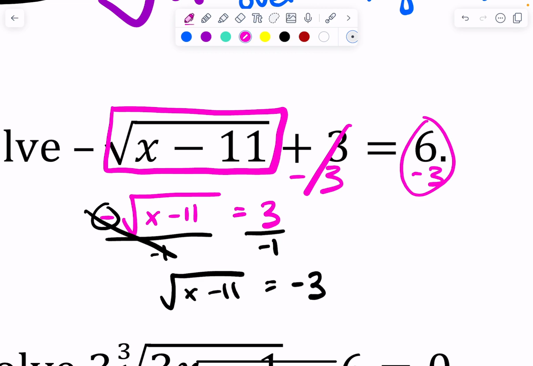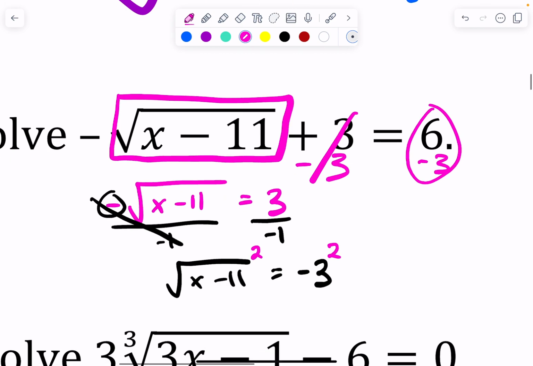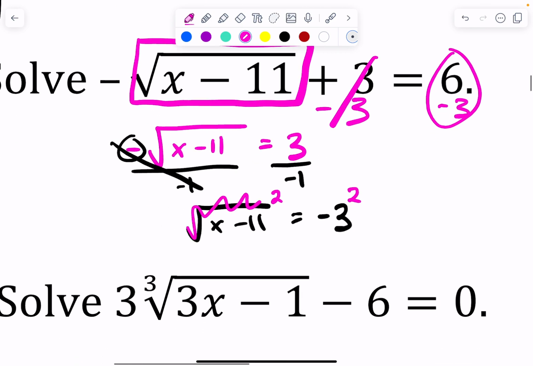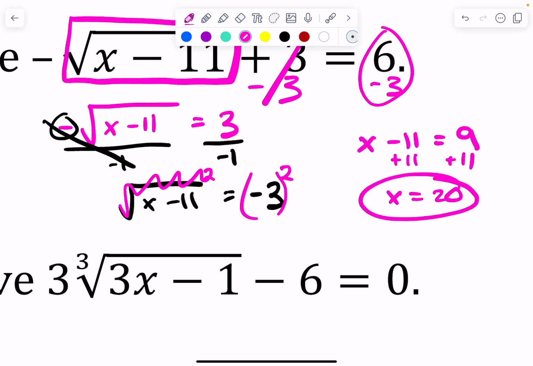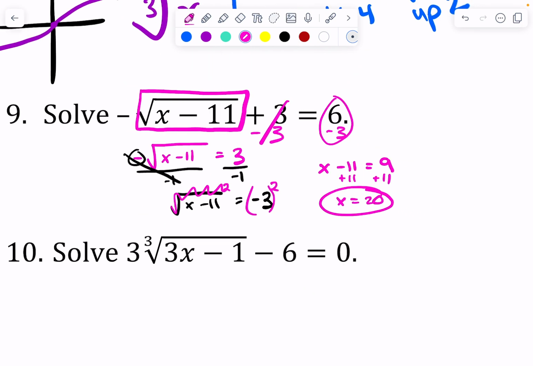Then I'm going to square both sides, and when I square -3, that ends up being +9. So I've got x minus 11 equals 9. Then I'm going to add my 11 over, and that makes 20. If any of these are going too fast, go ahead and pause if you need to. But there is that. 20 is the answer.